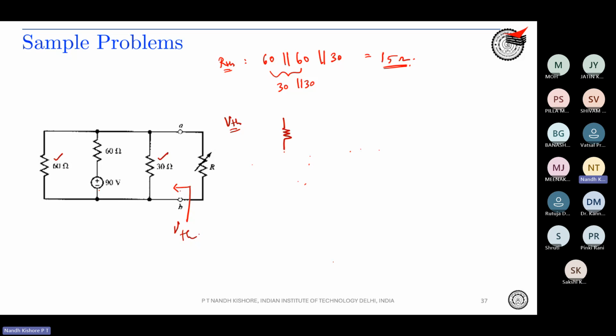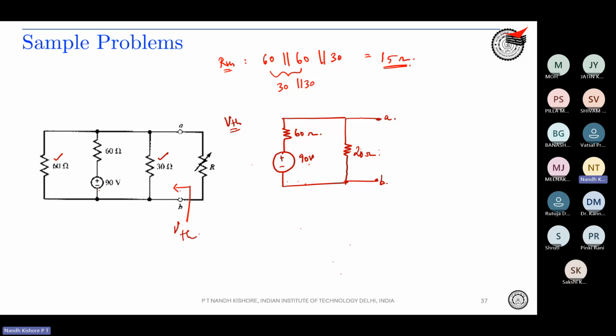So you can redraw the circuit as 60 ohms, 90 volts, correct? And 60 parallel to 30 is going to be how much? 20 ohms, right? This is your A, this is your B.